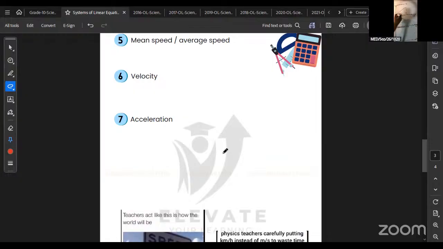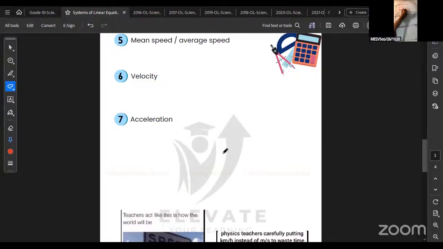So when I find the gradient, now this is maths, okay? When I find the gradient of a displacement time graph, it's going to give me the velocity. When I find the gradient of a velocity time graph, then what will it give me? It's a pattern now, right? Gradient means y equals mx. Now you have been studying the gradient, right? The y difference over the x difference is going to give you m. That is maths again.